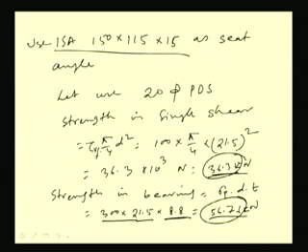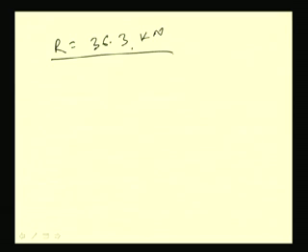So we can find out the rivet value as the least of these two, that means 36.3 kilonewton. So, rivet value we got. Now, total number of rivets we can find out.